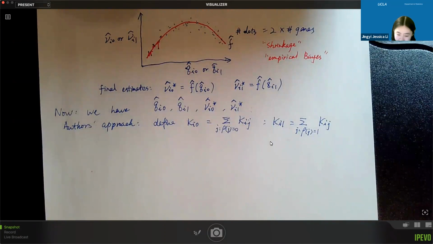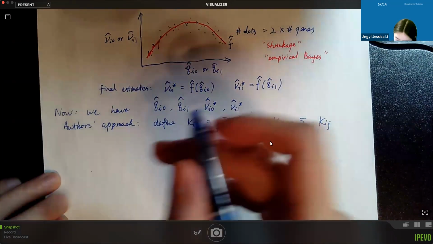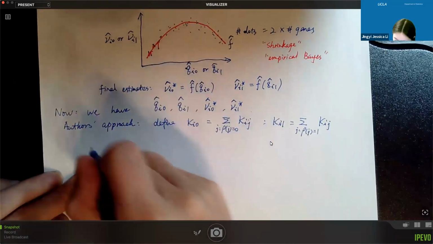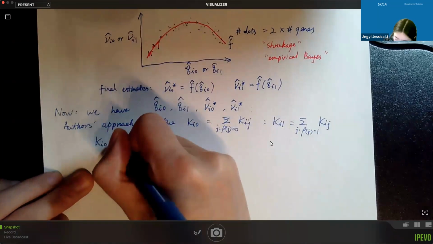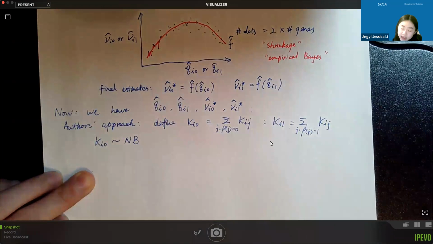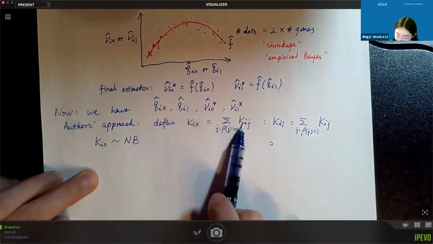So what they are saying is that they are assuming this thing. They are assuming Ki0 follows a negative binomial itself, as the summation of Kij's.